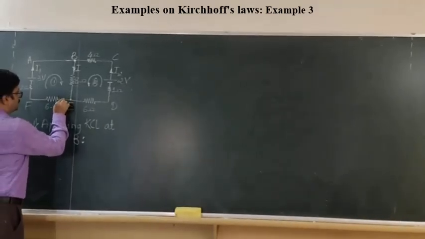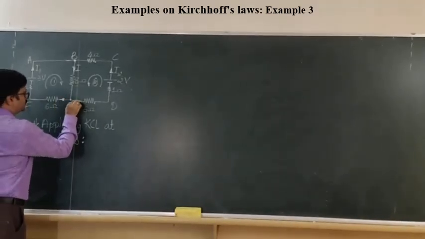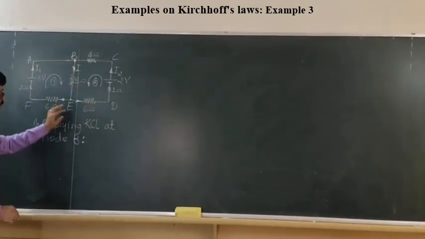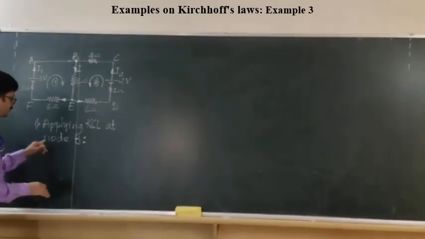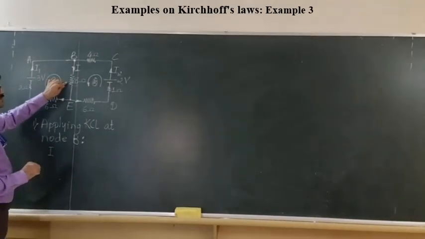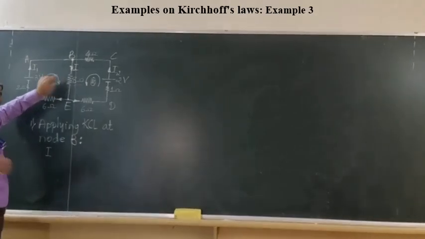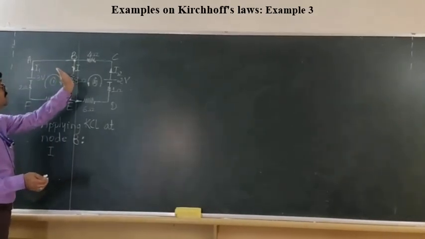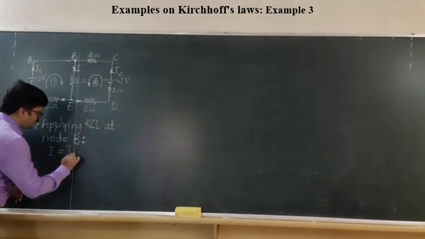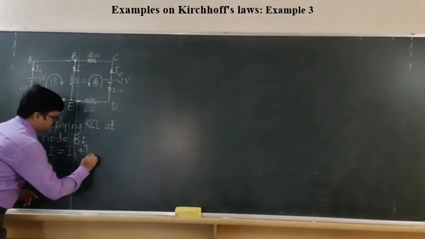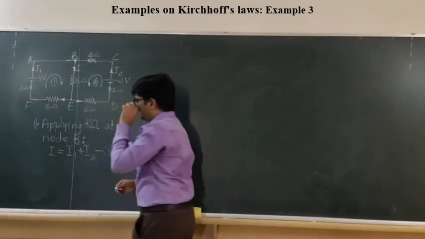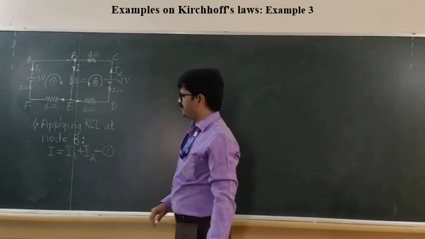So we need not be worried about node E. I'll solve for node B, and that will hold true for node E as well. So at node B, I is emerging out, okay? I1 and I2 are entering at junction B, right? So hence I is equal to I1 plus I2 here. This is the first equation. Next, I will consider KVL now, okay?